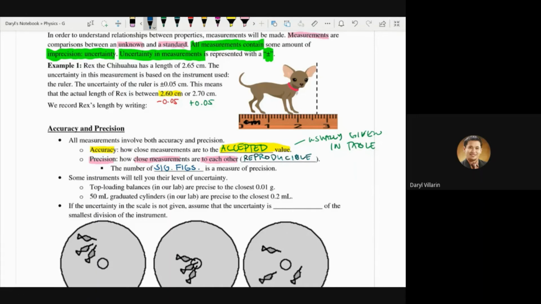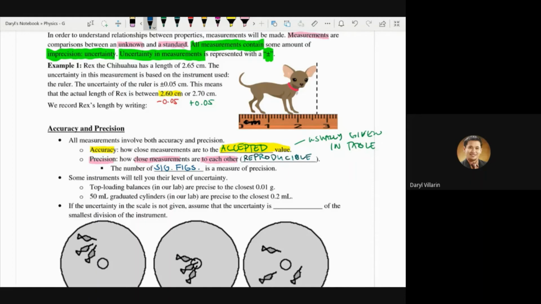So, for example, you try to get the temperature of a person, or at least for yourself, and every time you use the thermometer, let's say at first it's 36.5, and then the second measurement you get 36.4, and then another measurement is 36.5, and then another measurement you get 36.4. So I would say that that is a precise thermometer, or your measurement using the thermometer is precise.